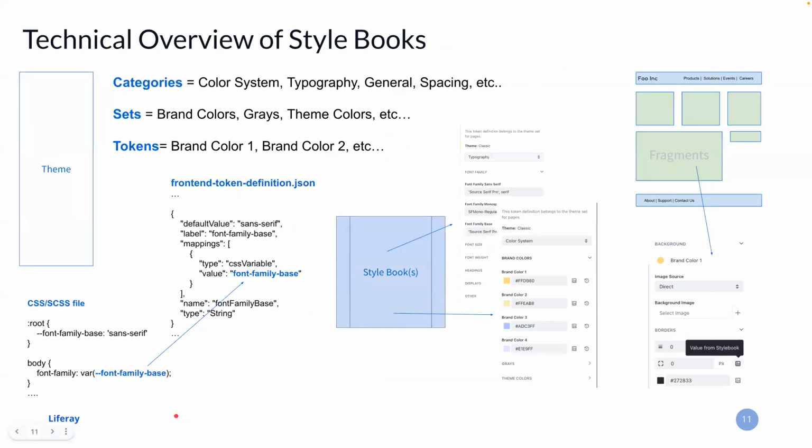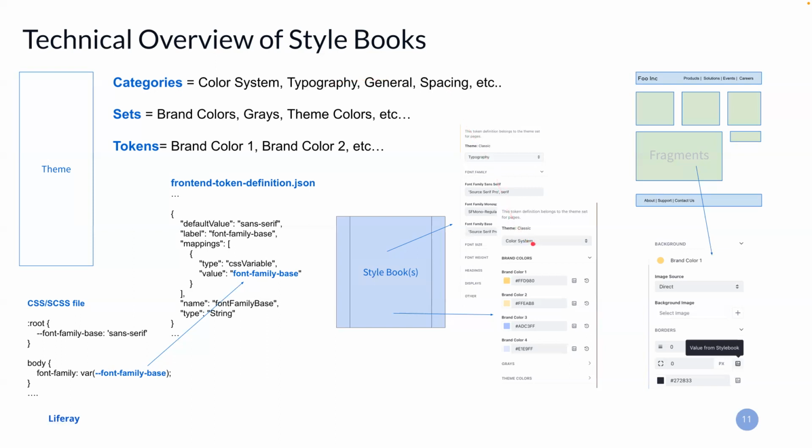Taking a little more technical glance at Stylebooks and how they're enabled: as I mentioned, this is all kind of enabled via the theme. There's a file called the front-end token JSON file that has to be created. Within it, that JSON file is going to define different categories, such as the color system, typography, or spacing.